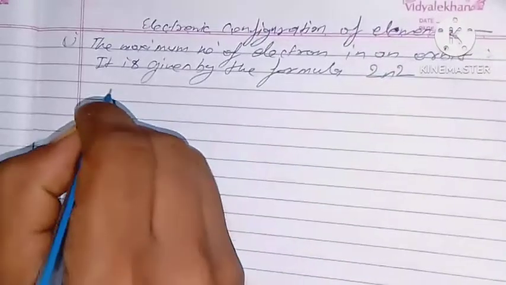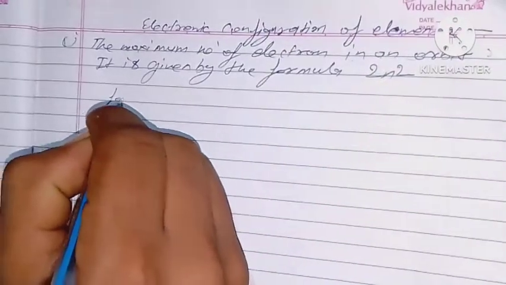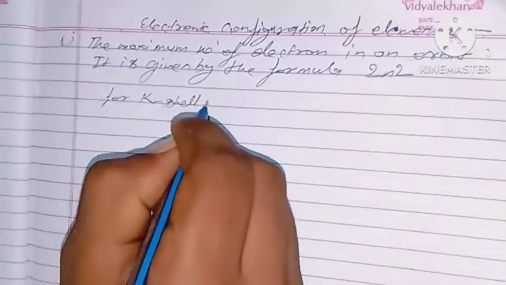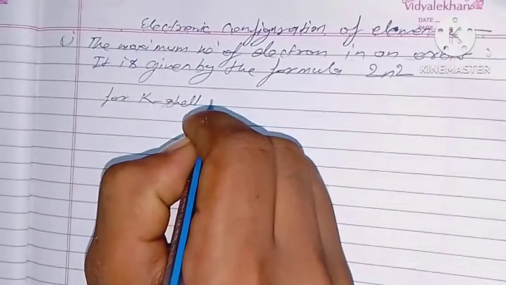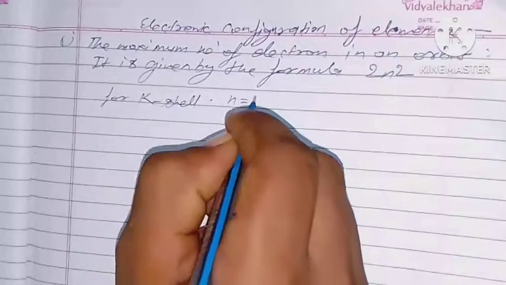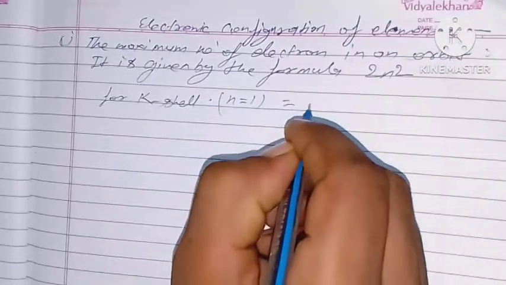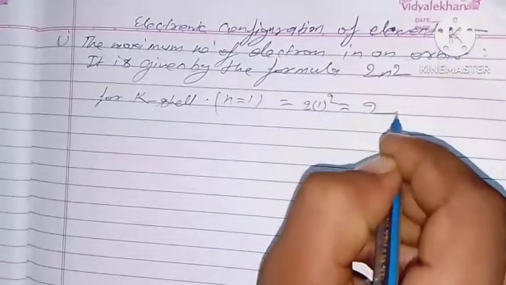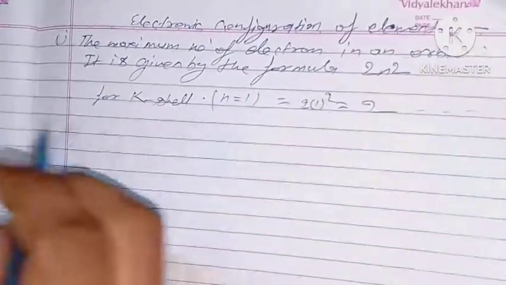That means for the K shell, n equal to 1, the maximum number of electrons is 2 multiplied by 1 squared, equal to 2, and so on.